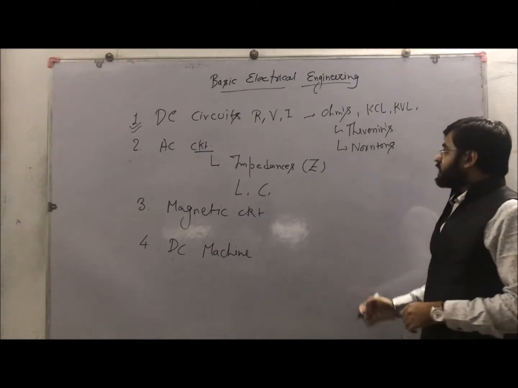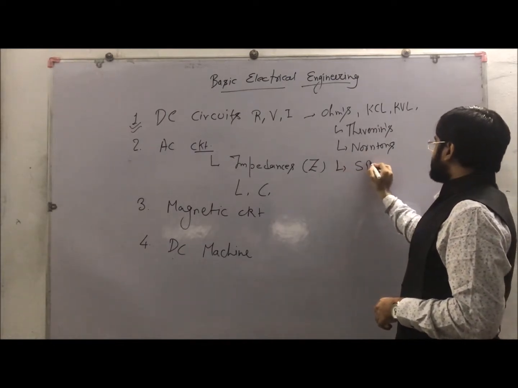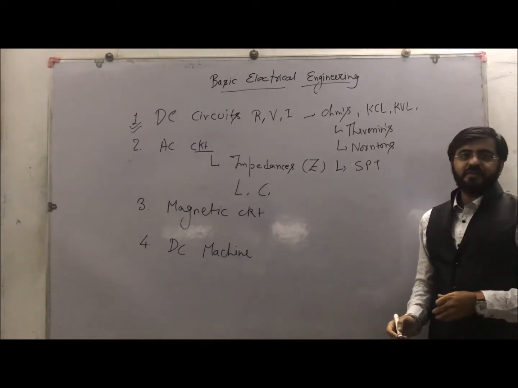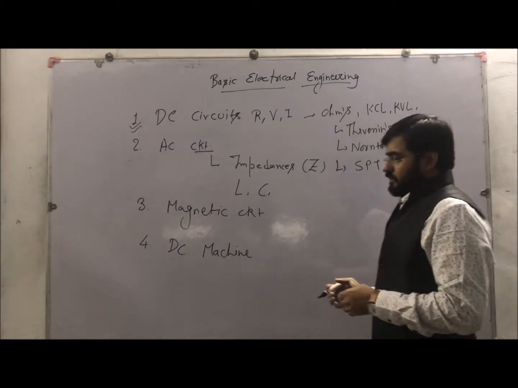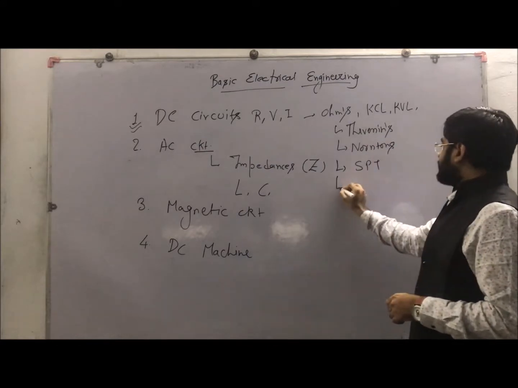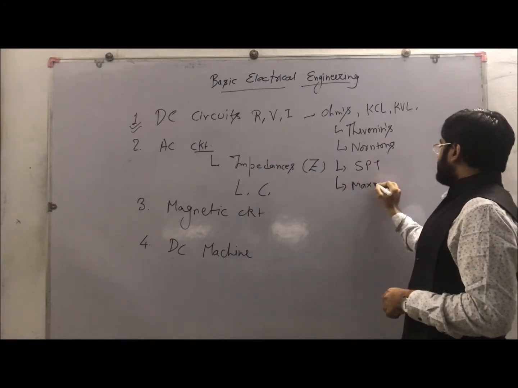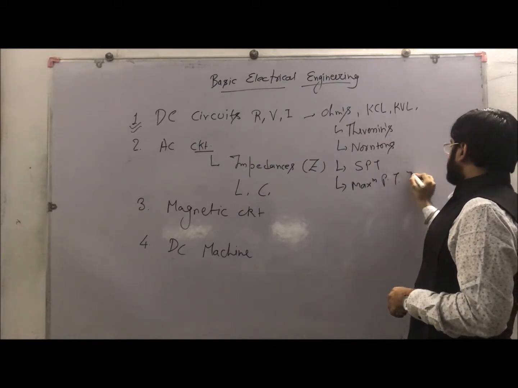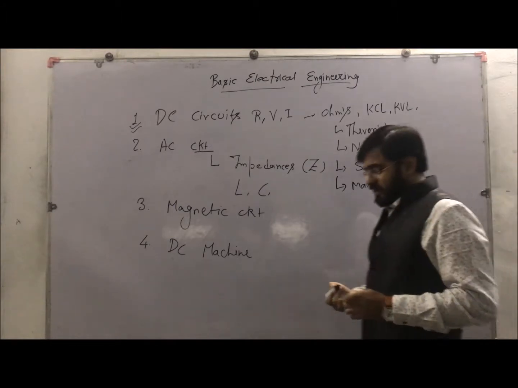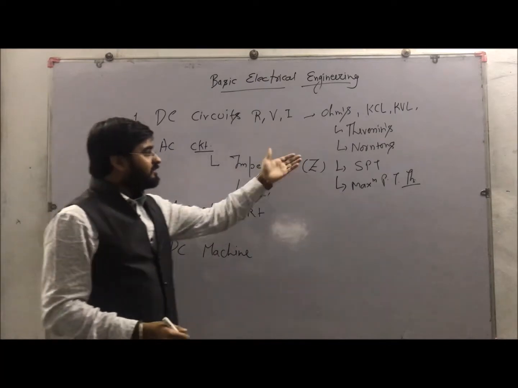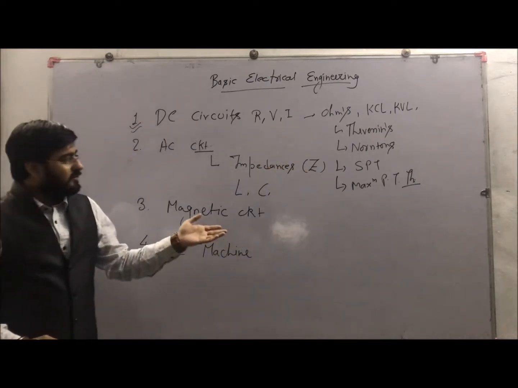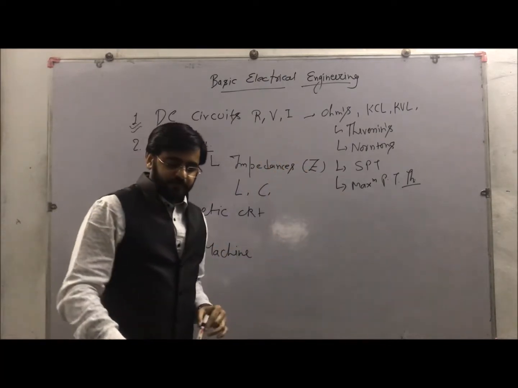Further, we have studied the superposition theorem, which deals with two or more power sources. Similarly, the maximum power transfer theorem. In DC circuits, we have discussed Ohm's law, KCL, KVL, Thevenin, Norton, superposition, maximum power transfer theorem, and so on.